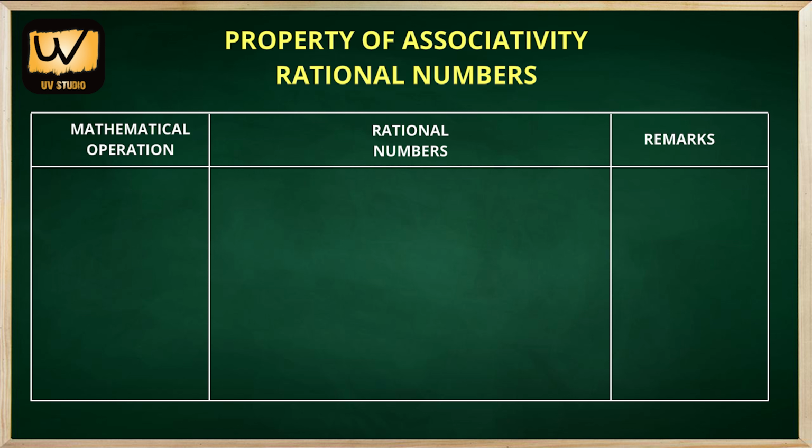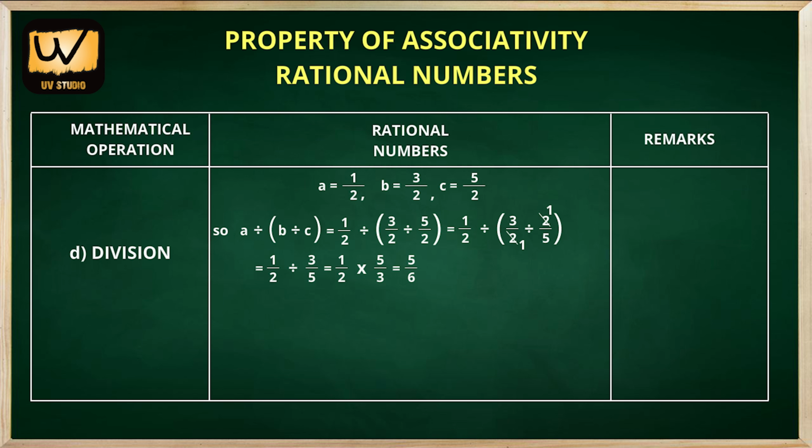Friends, the last mathematical operation, division. Let the rational numbers be A, B and C with the same values 1/2, 3/2 and 5/2 respectively. The left side says A divided by (B divided by C). Here goes the left side: half divided by (3/2 divided by 5/2).